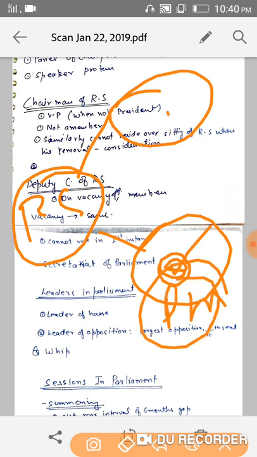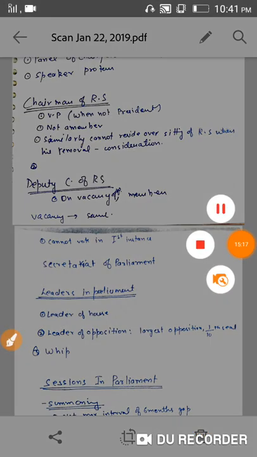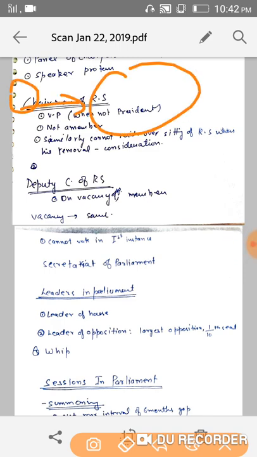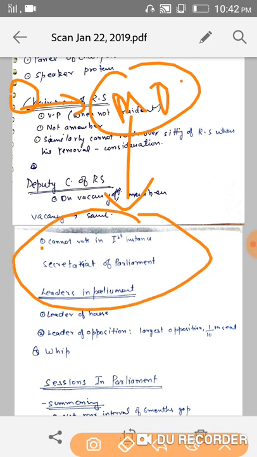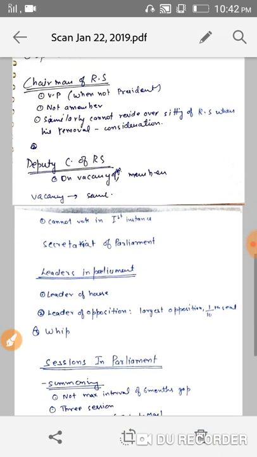Then we have the leader of opposition. It has to be understood, first of all, who is a leader of opposition. The leader of opposition is the leader of the main opposition party, and to get the position of main opposition party, at least one-tenth of the seats should be with that party. In a parliamentary form of government, we know the opposition plays a very important role, and hence the leader of opposition plays a very significant role.